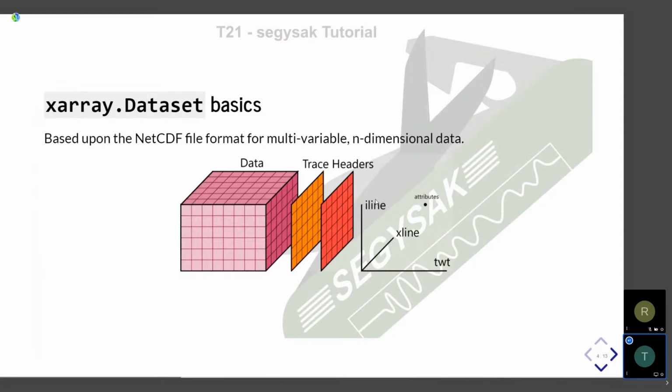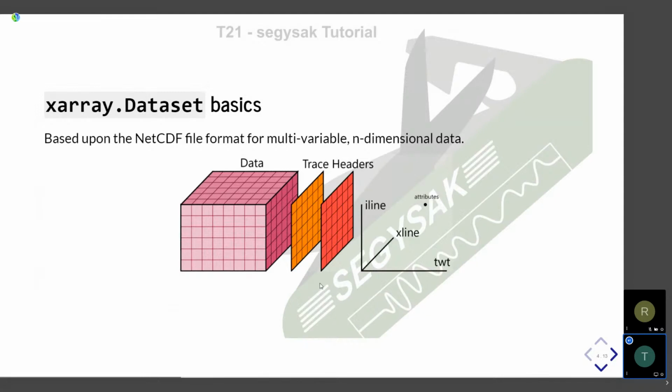And those are defined essentially on the inline and crossline, while the data cubes are defined on the inline, crossline, and two-way time or depth. And you can add additional dimensions to this, as many as you want. So you could have offset and azimuth as well if you really wanted. And then you also have a set of point data or objects, which we call attributes. And these are additional metadata that are useful for defining what's going on within your data set.